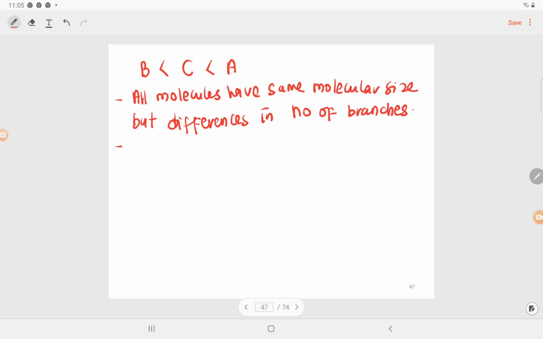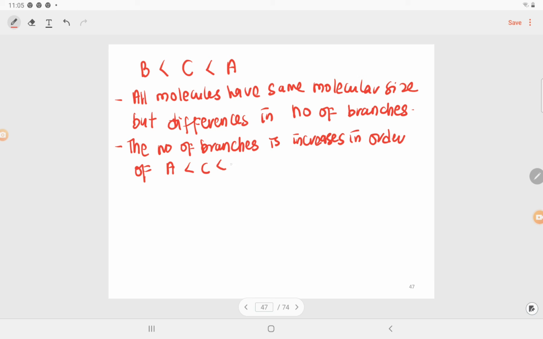So we can state the number of branches increases in order of A, C, B.